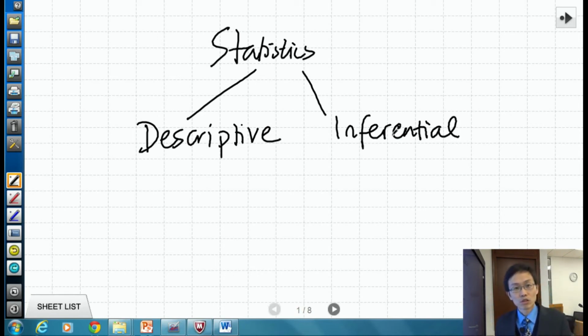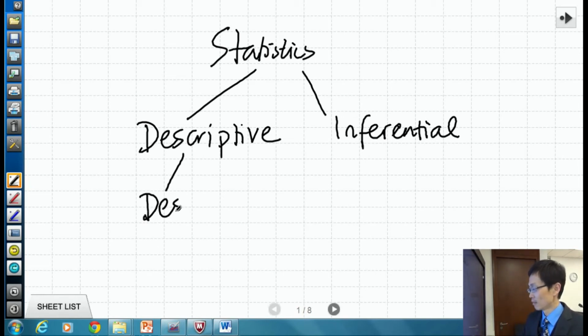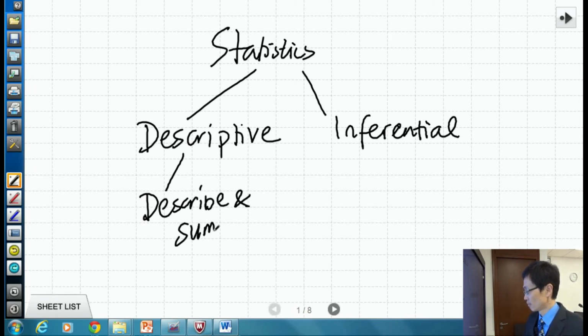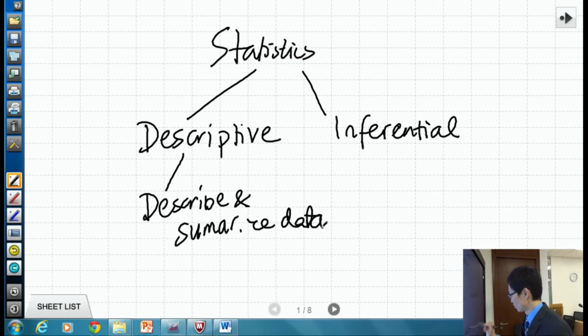Now, the use of the descriptive statistics is to help you describe and summarize your data. Inferential statistics, on the other hand, is to help you predict something about your population from the data.